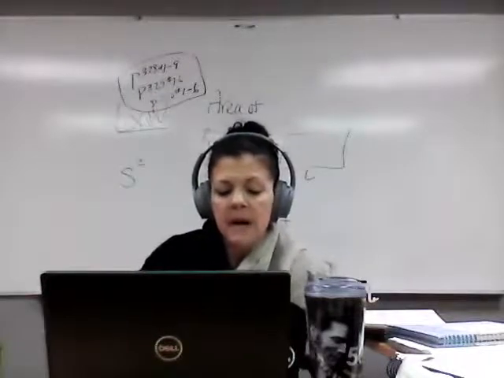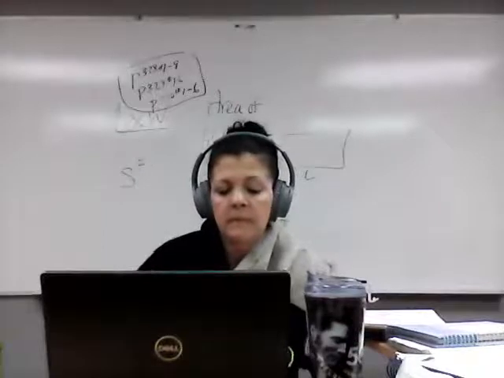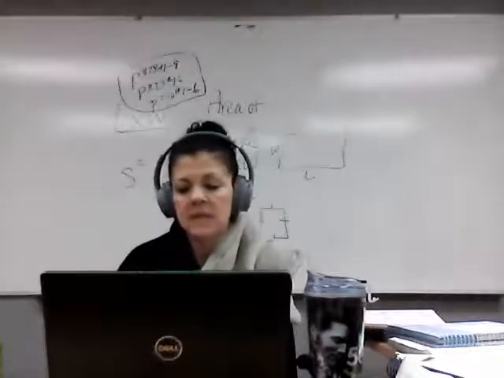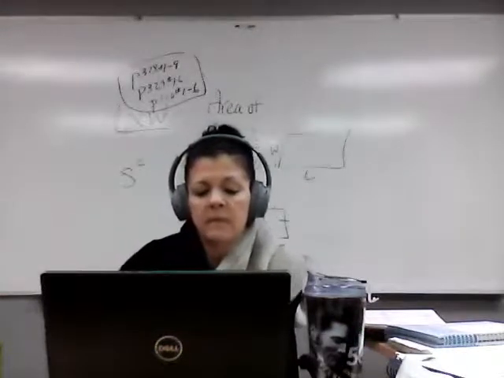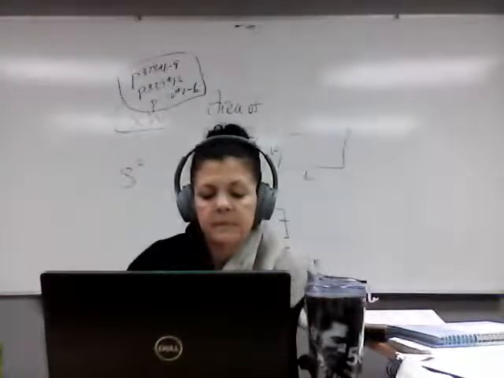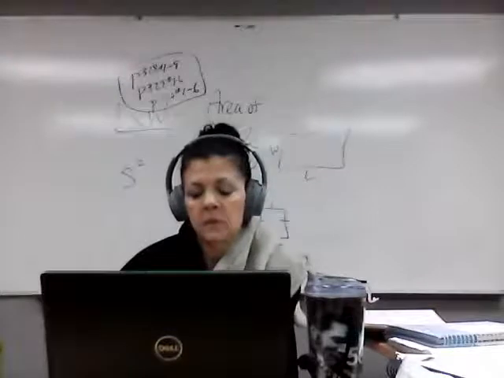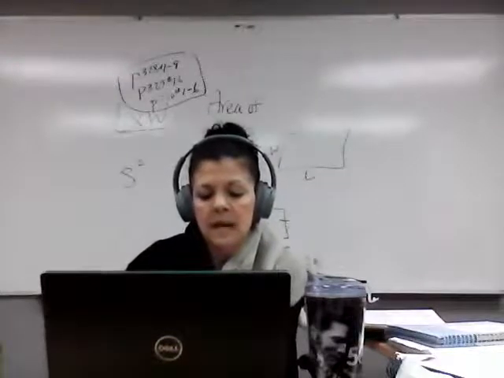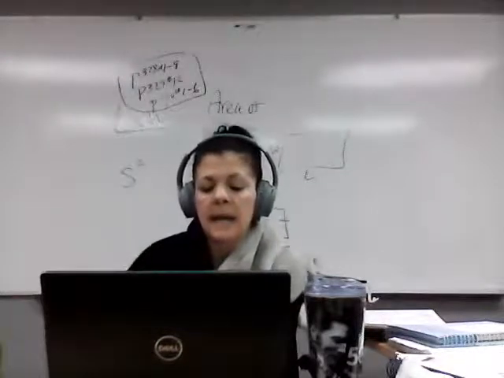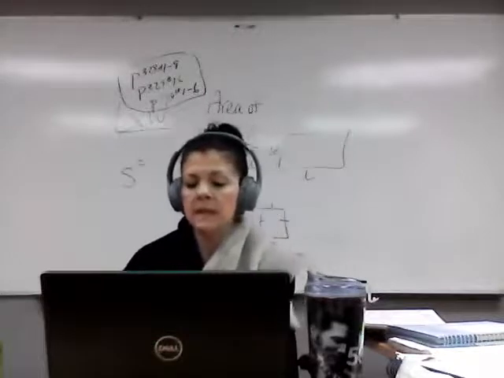And then we can divide by 4. What's 676 divided by 4? All right, 169. Okay. Now, r squared equals 169.